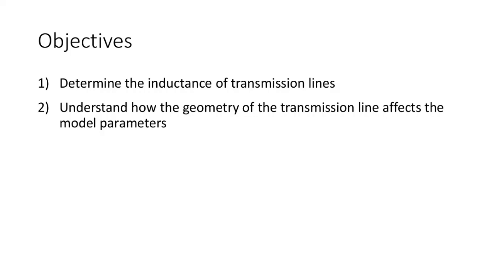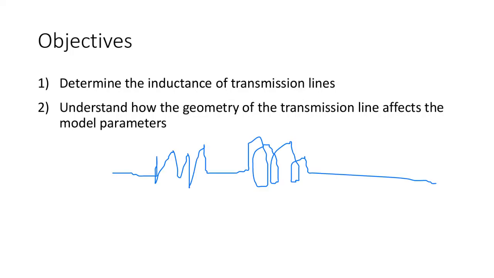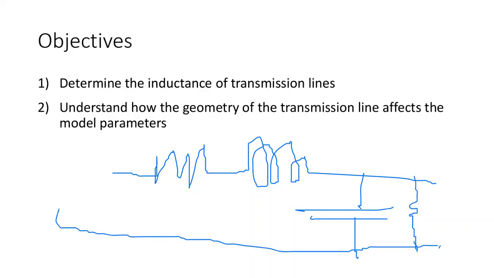The parameters we're talking about are resistance, like this, and then conductance, like this, and then capacitance. The capacitor we put here with a leakage conductance. And from the other side it will be the same thing. This is what we're talking about.